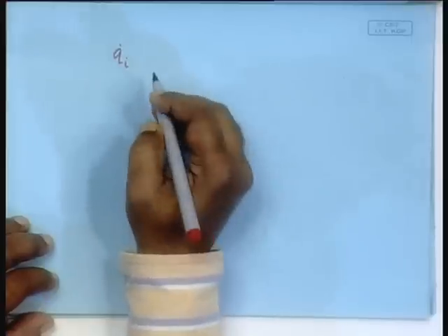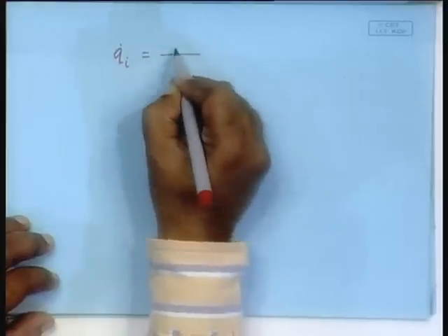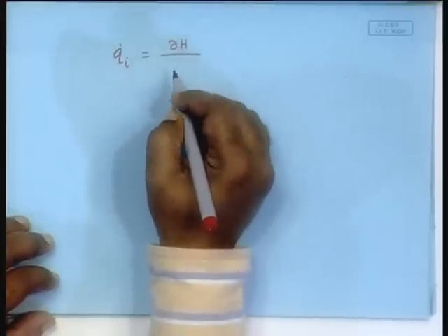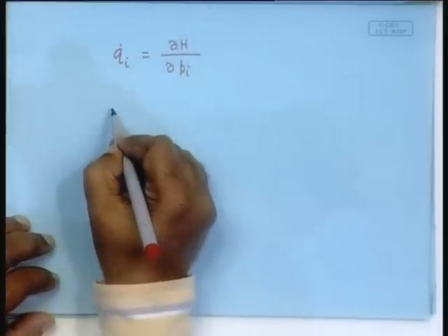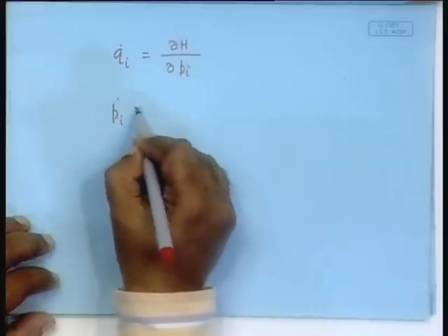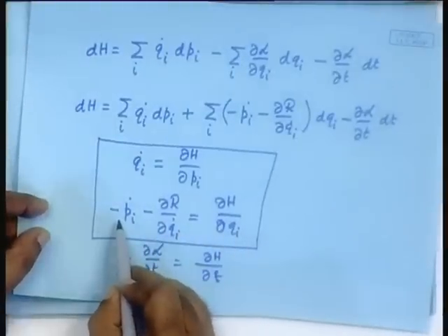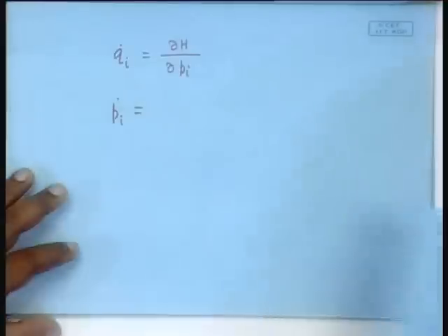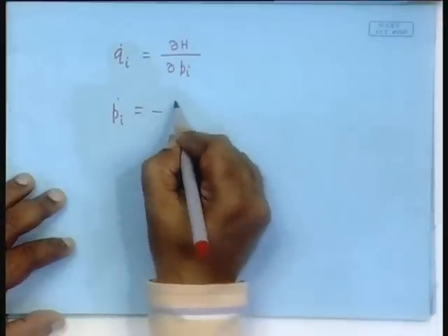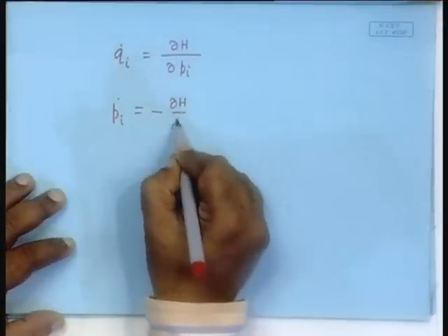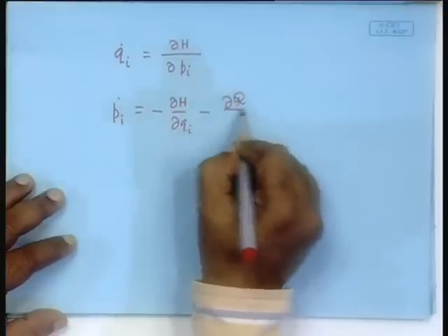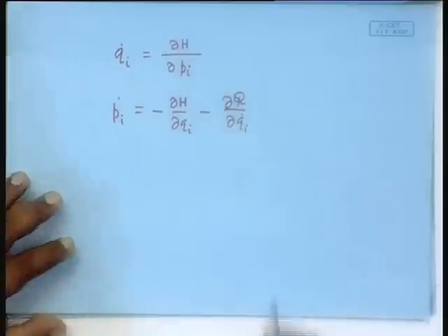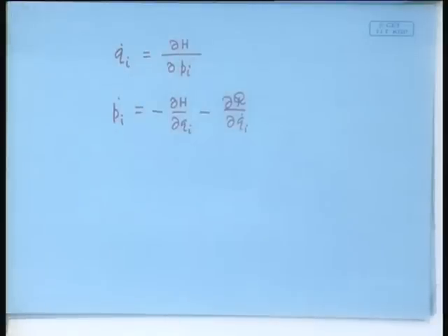Qi dot is equal to derivative of the Hamiltonian with respect to Pi, and Pi dot is from here I am trying to extract it, it is this minus, that is it.